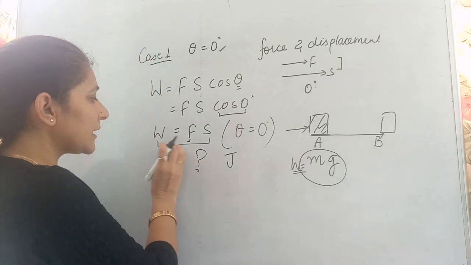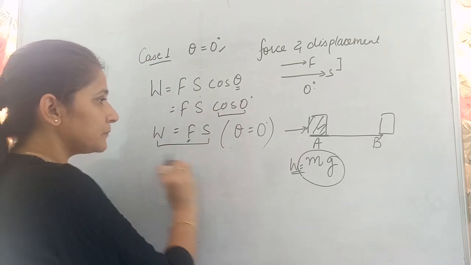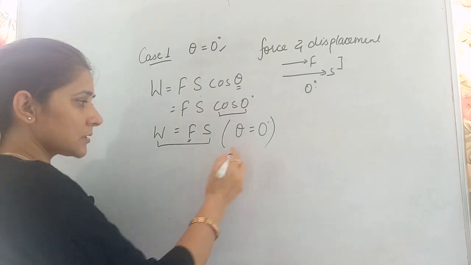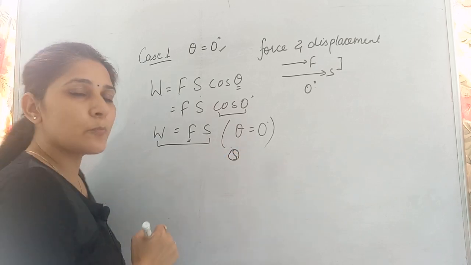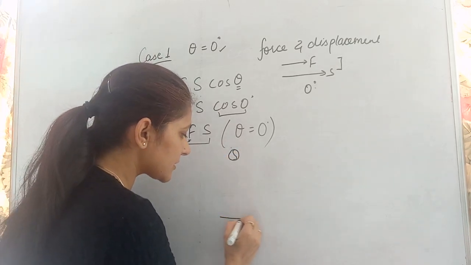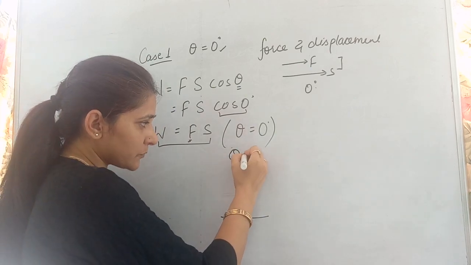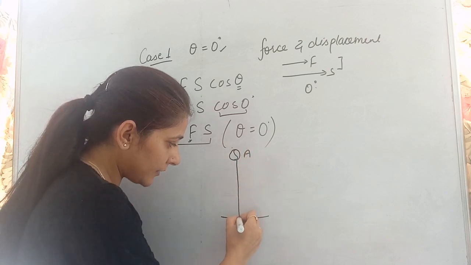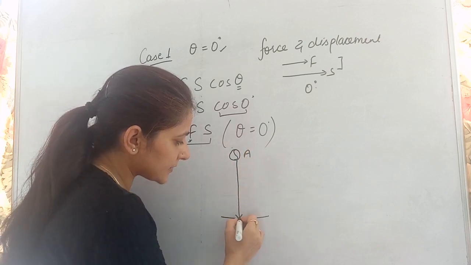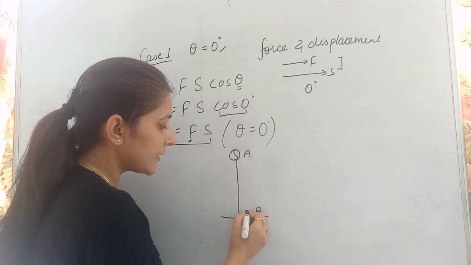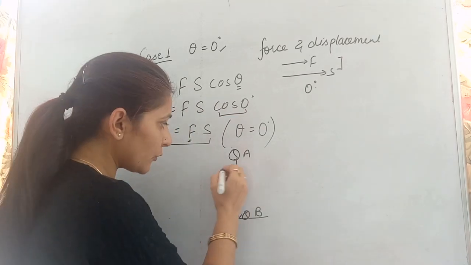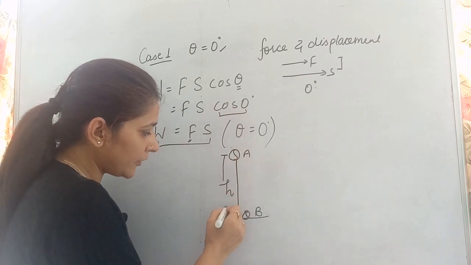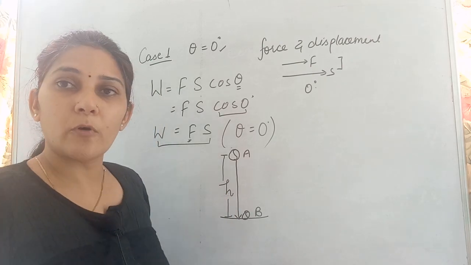We can continue with an example to understand this in a better way. Suppose this is a ball, and this ball is thrown from a height and reaches the ground. Initially the ball is at position A, it is dropped, and it reaches the ground and hits it. The position at which the ball reaches is B. The displacement during this is given by h, meaning the ball goes from position A to position B and the displacement shown by the ball is h.